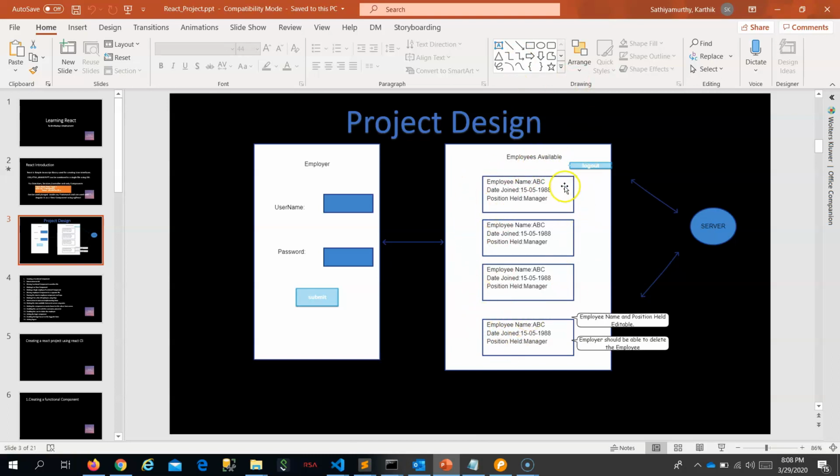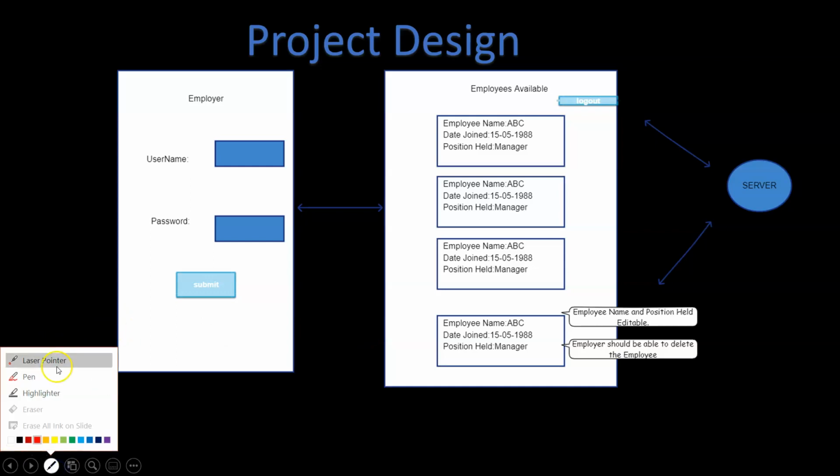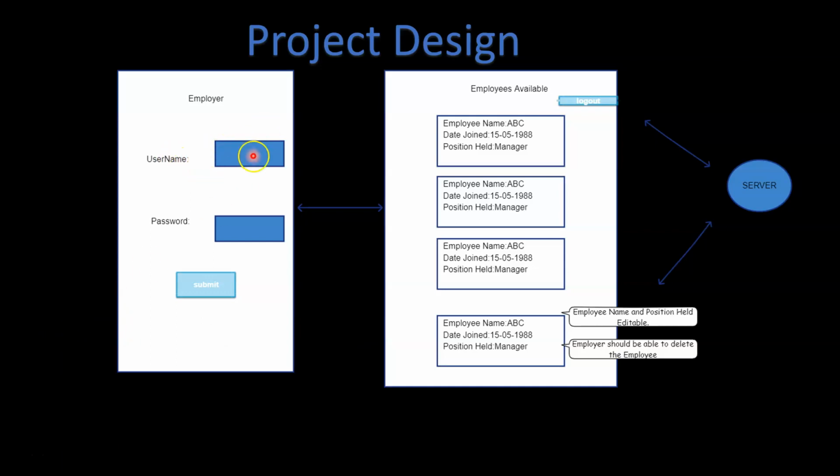The other external dependency is the username and password that the user enters. Based on whether he enters the correct username and password and presses submit, there will be a state, a login state, whether it is true or false. That is also an external dependency, based on which we will show the login page or the employee page.